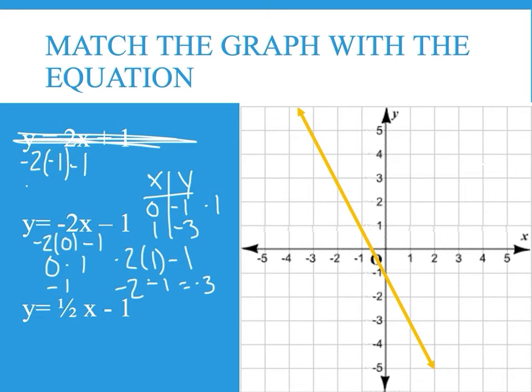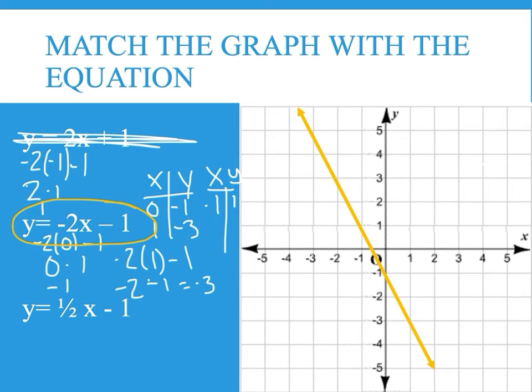Alright, that is positive 2 minus 1, which is equal to positive 1. So when x is negative 1, y is positive 1. Is that true in our graph? It is. Negative 1, positive 1. So I think it's probably safe to say this is our correct equation for this graph.